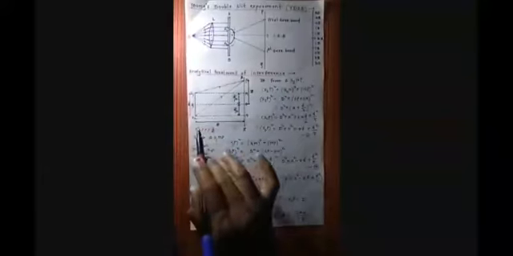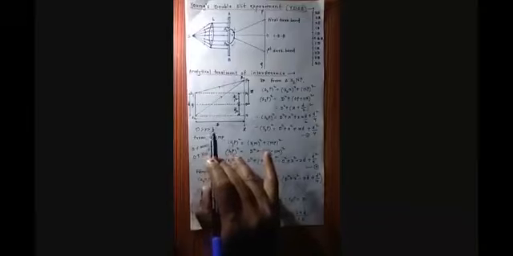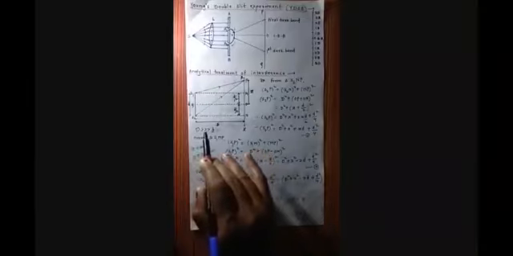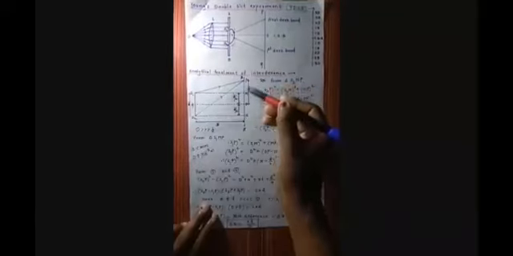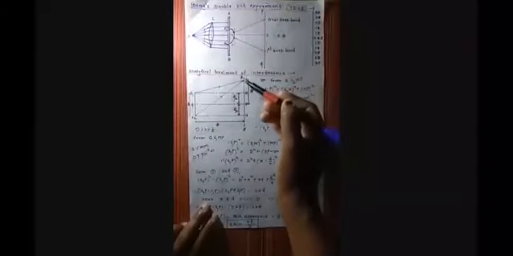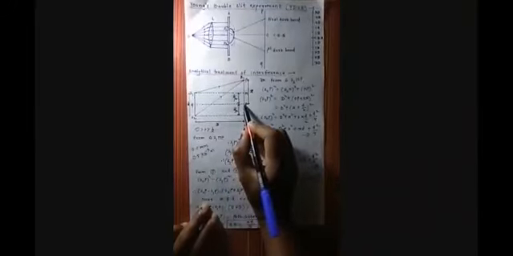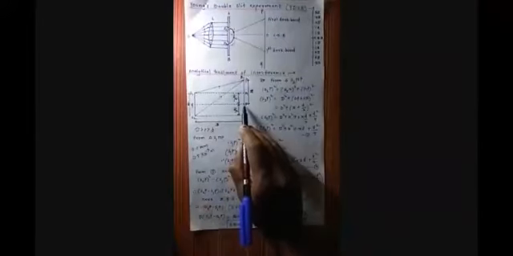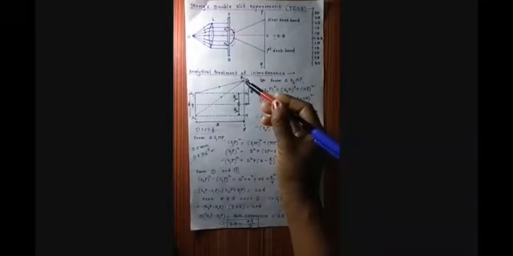Okay, and here this small d is small as compared to the capital D. So this is the screen here, PQ, the screen. Okay, and this O is nothing but the central bright band, this. Okay, now we are going to decide whether the point P will be a bright point or a dark point.